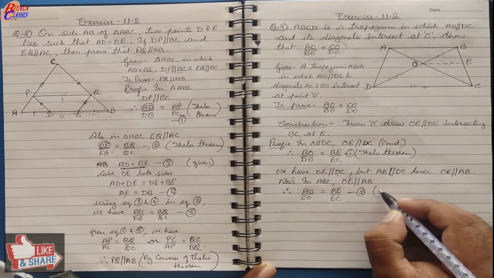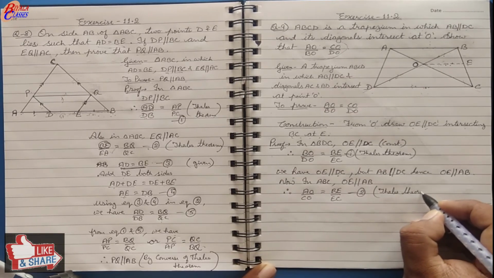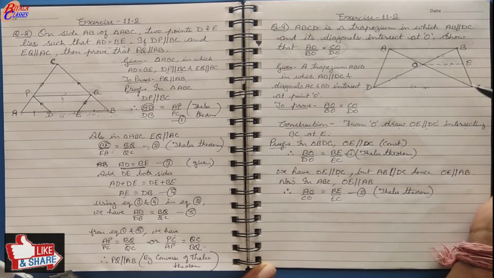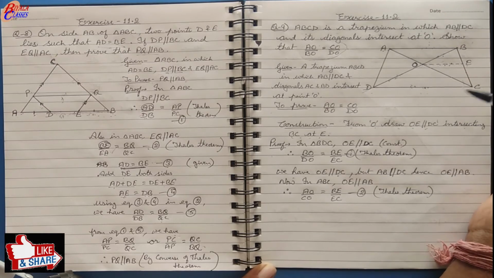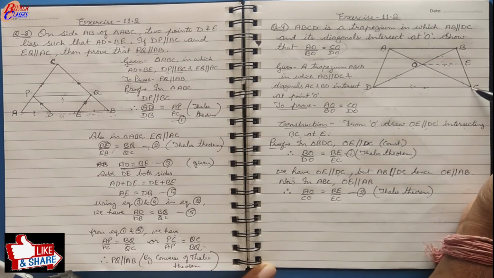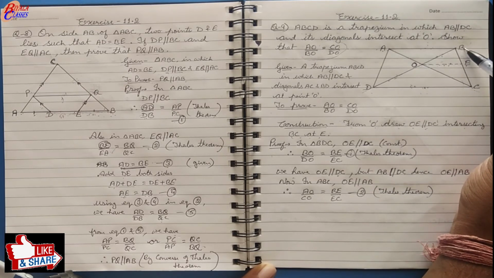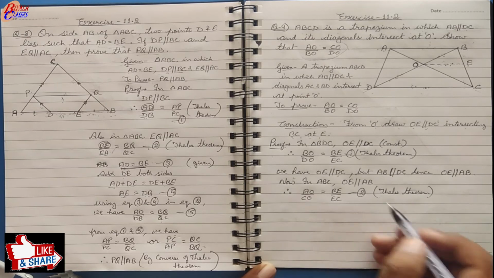This is your equation 2, and this result we get again by using Thales theorem. So AO upon OC or CO is equal to BE upon EC. You can also write this result as CO upon OA equals CE upon BE, and then you take the reciprocal of it, you will get this same result.